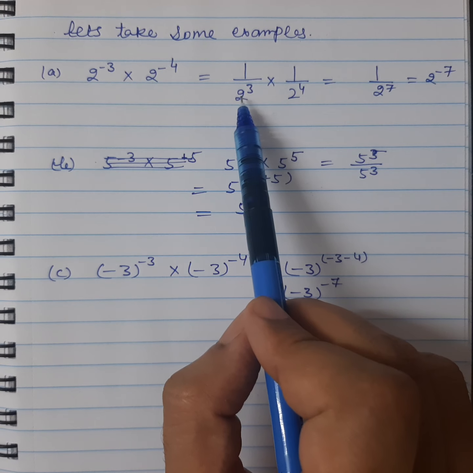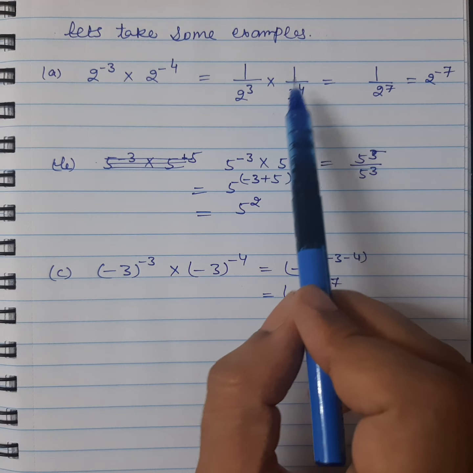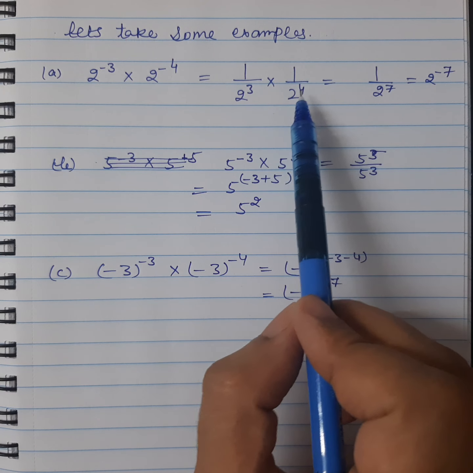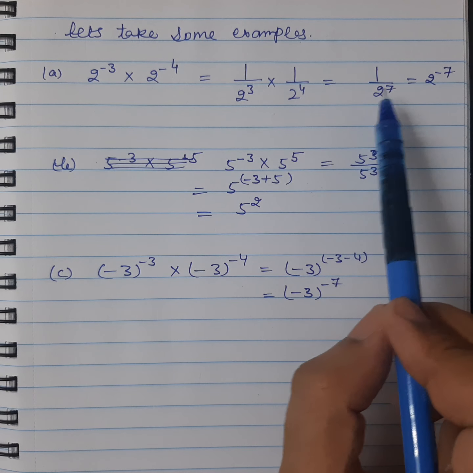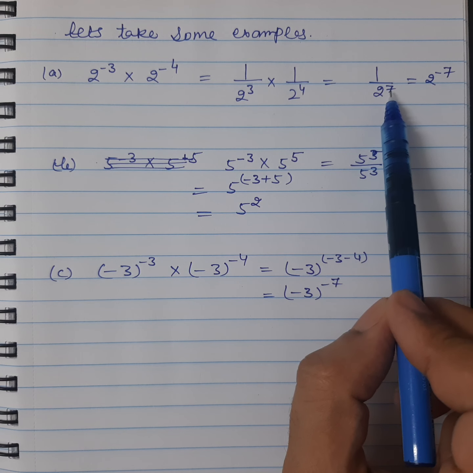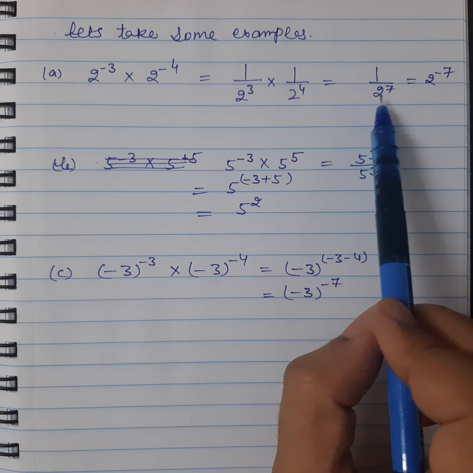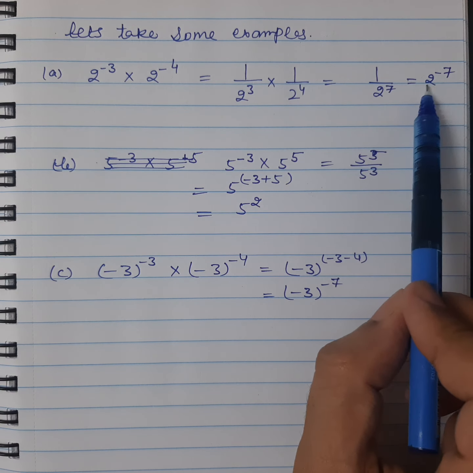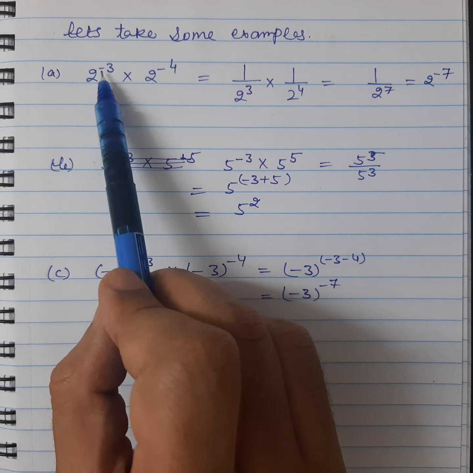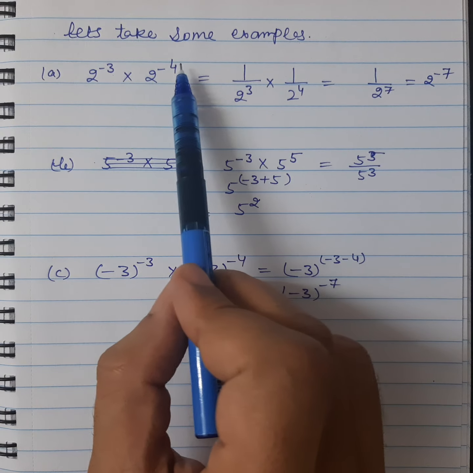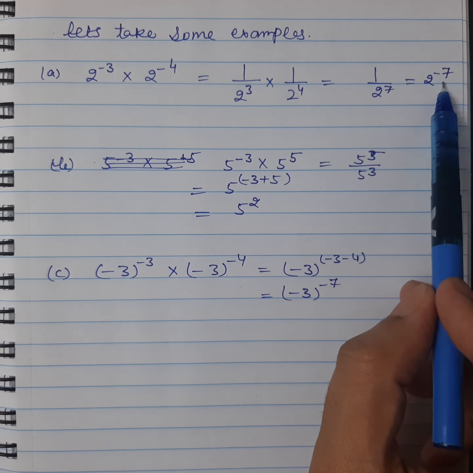If we multiply these, 1 divided by 2 raised to the power 3 multiplied by 1 divided by 2 raised to the power 4, we can write 1 divided by 2 raised to the power 7, since 3 plus 4 is 7. Or if we change it again, we can write 2 raised to the power minus 7. Or we can directly add minus 3 minus 4, which will be minus 7.